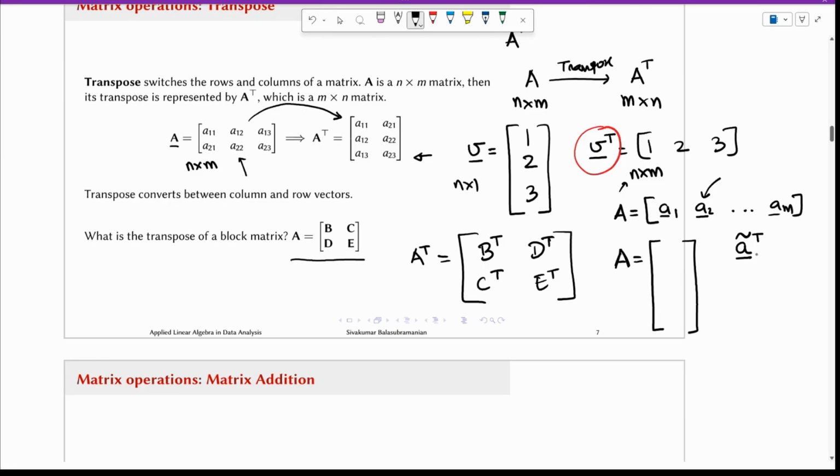So the ith row of A will be written like this complicated symbol: a tilde i transpose, subscript i. So the first row would be a1 tilde transpose. The second row would be a2 tilde transpose. And how many rows do we have?